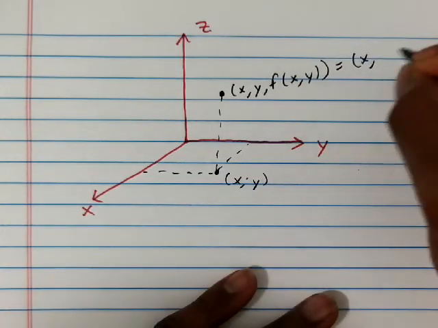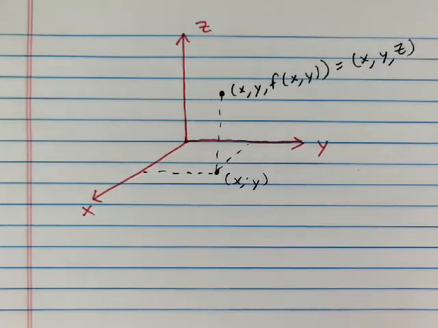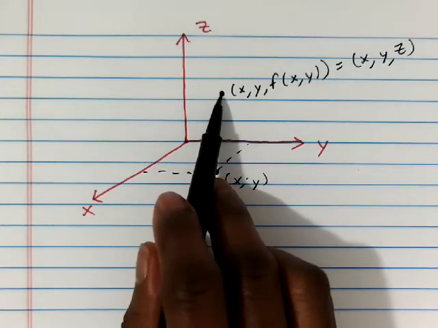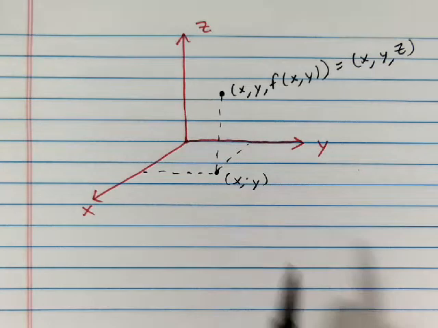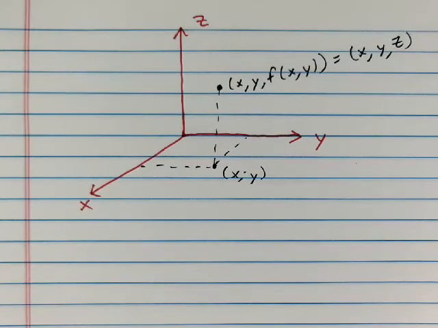This is x comma y comma z. So our input is something in the plane, and our output is just something that's directly above or below that. So that's a function of 2 variables.